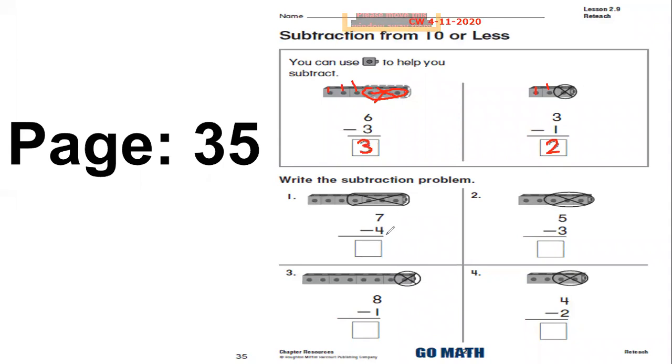Now, 7 minus 4. There are 7 cubes and they have crossed out 4 cubes. Now look at the remaining. How many do they have? 1, 2, 3. So 7 minus 4 equals 3.